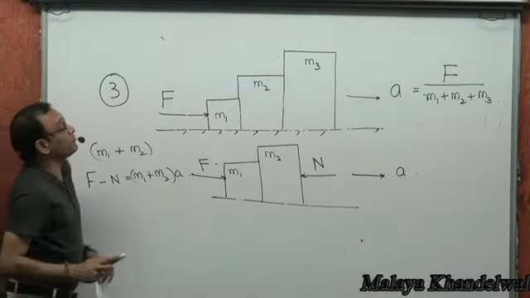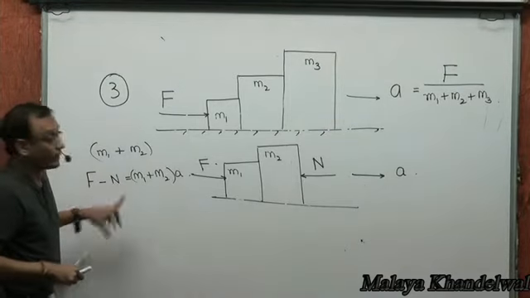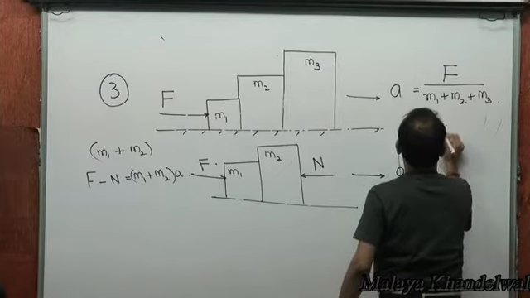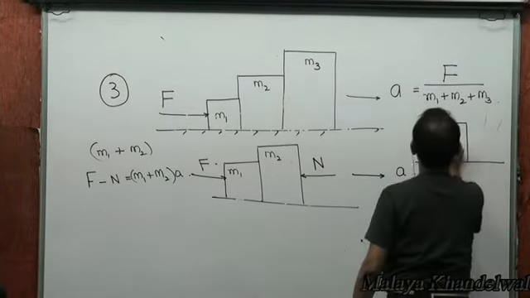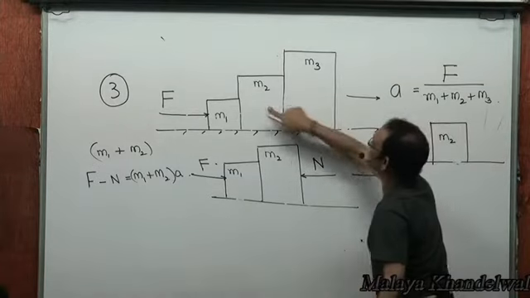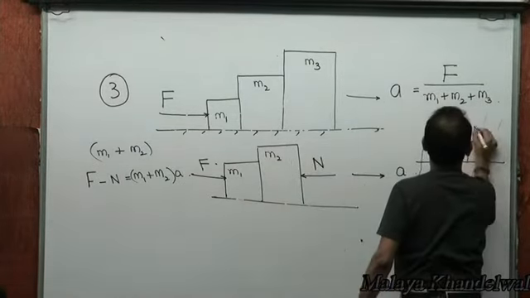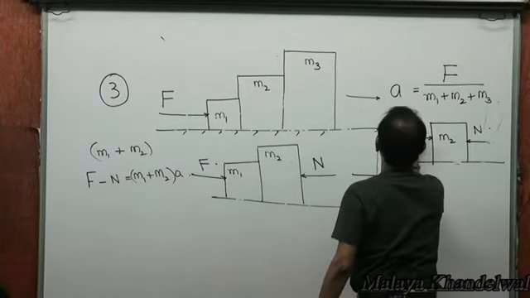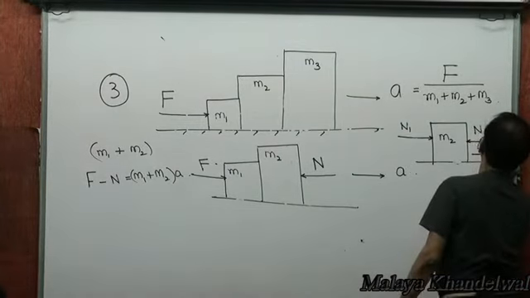Could I have looked at the free body diagram of M2 alone? Now that I have computed N, I could have looked at the free body diagram of M2 alone. M3 will exert on M2 N leftwards. And M1 will exert on M2, say N1 rightwards. And the net effect of this would be A to the right.